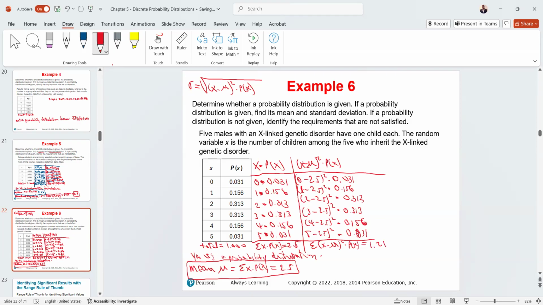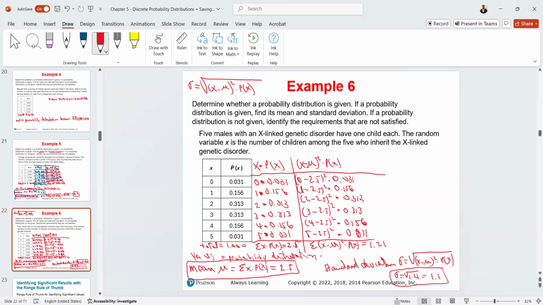Now, the standard deviation sigma is the square root of x minus the mean squared times p of x. That means sigma is the square root of 1.21. What is the square root of 1.21? It is 1.1. Okay.